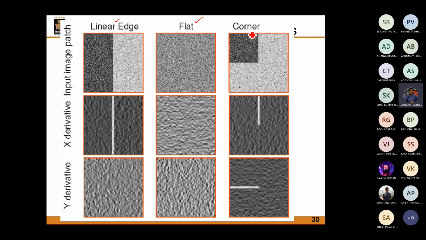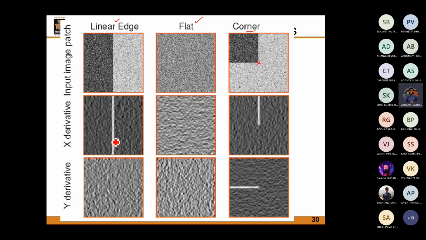And the third is a corner region, where you have a particular square here and another here, and the corner would be somewhere here, if you're not considering the boundaries.